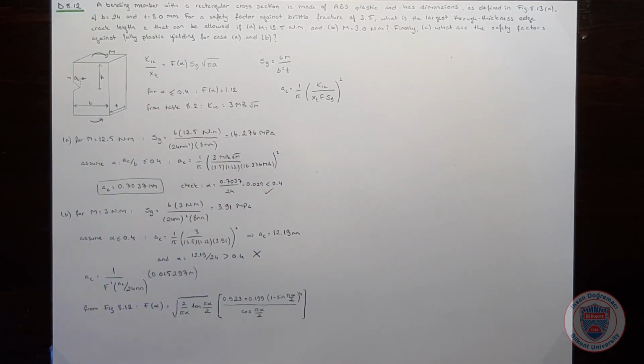Okay, so when we calculate this, we will obtain a_c is equal to 9.8 millimeters. Now we can move to part C.